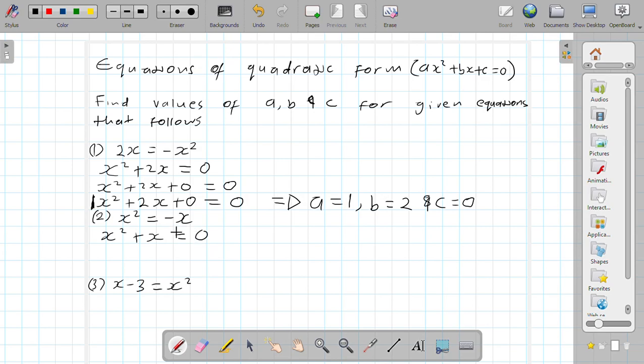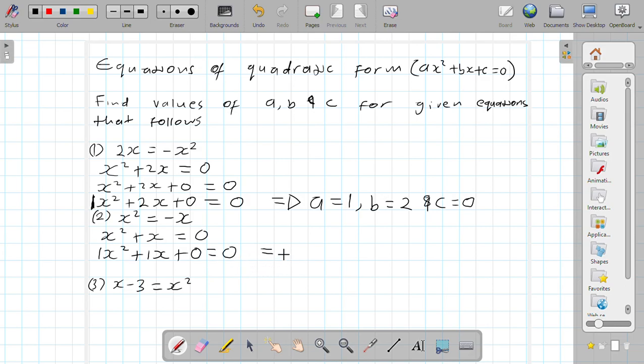It's most probably similar to the one that we did for the first part. If we extend a little bit further, we'll have something like 1x squared plus 1x plus 0, which is equal to 0.